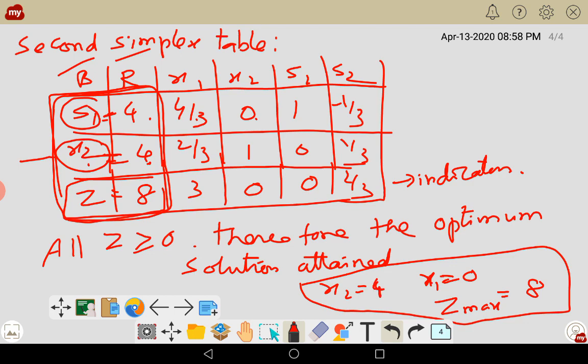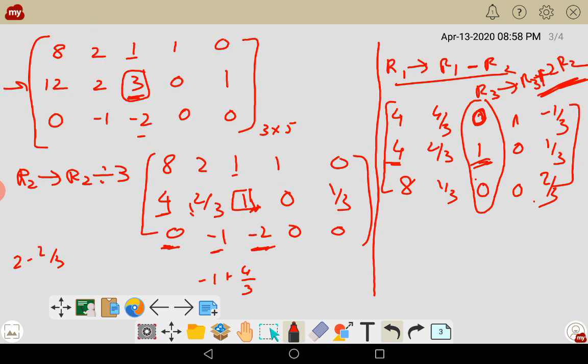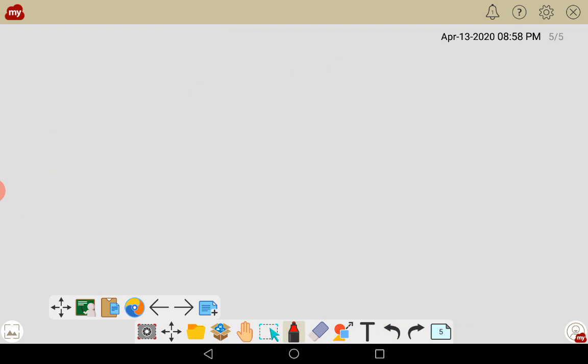When you substitute these x1, x2 values in the original function, you will find x1 is 0, x2 is 4, so 2 into 4, the answer is 8. So the maximum value of z is 8. So the problem ends when all the indicators in the z row are positive or non-negative. That's the end of this problem. Let's take one more example to understand this concept, right?